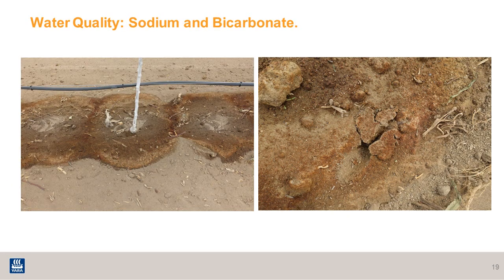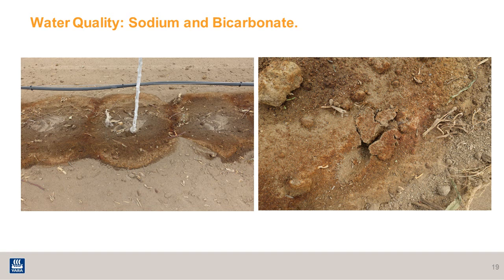Lastly, water quality is very important. When you irrigate your crop, you want to make sure that you have the best possible water to use. In this picture, I took a young tree being irrigated with drip irrigation.